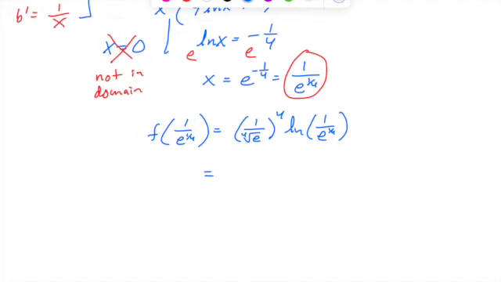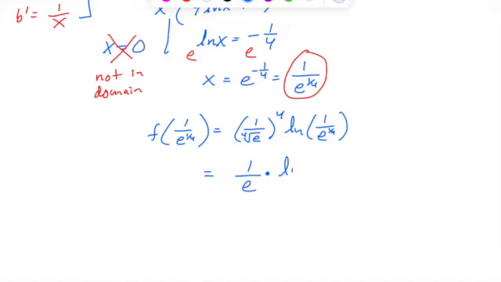And it's kind of a nice little simplifying algebra practice here, that 1 over the fourth root of e raised to the fourth is going to be 1 to the fourth is 1, and the fourth root of e to the fourth is just e, multiplied by ln of 1 over e to the 1/4.